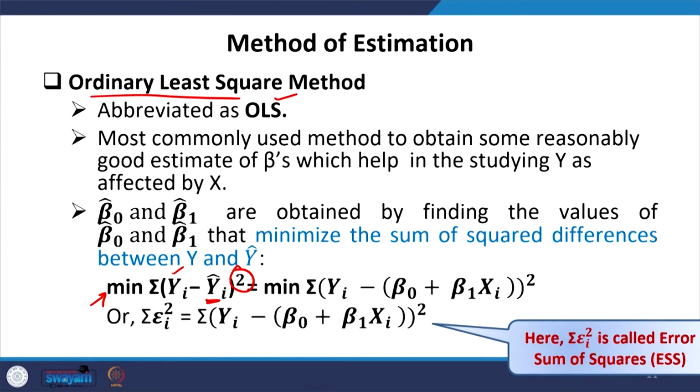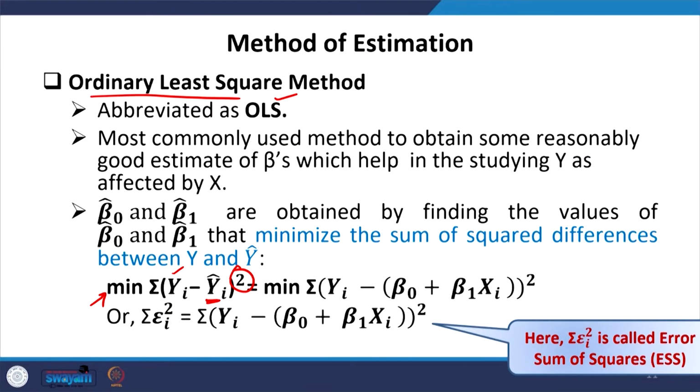Squaring gives us non-negative values, so we can minimize them as close to 0 as possible. That is why it is called least square.